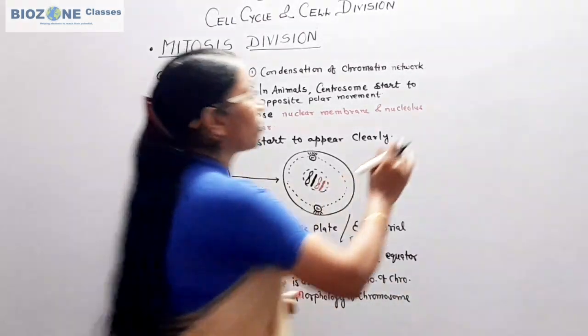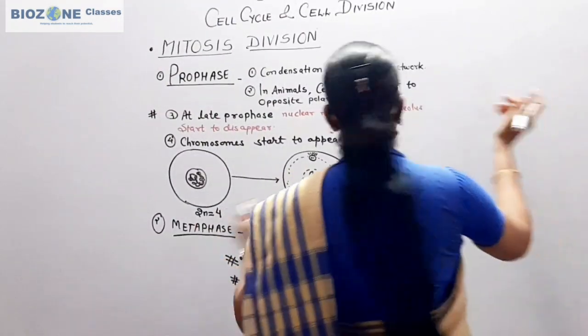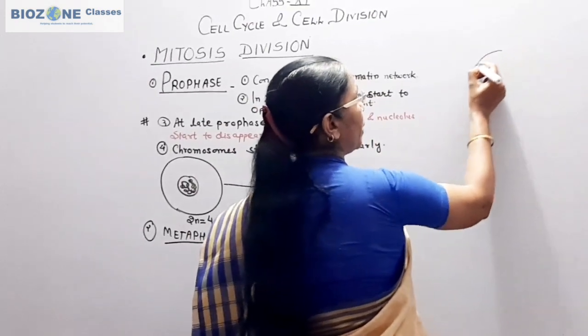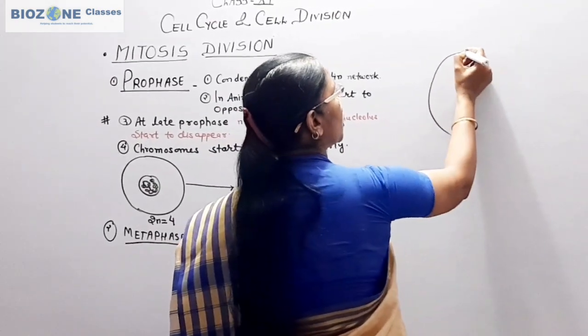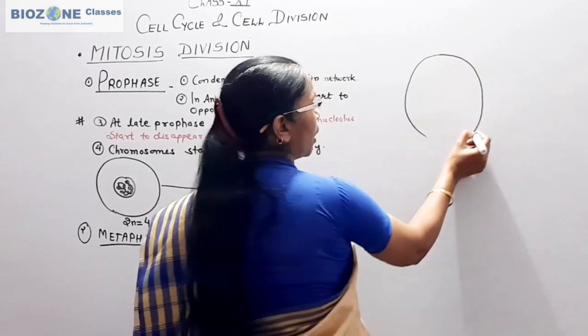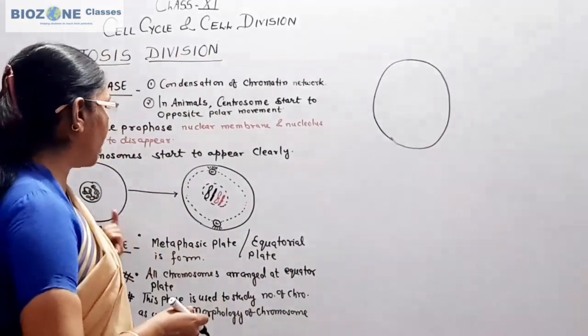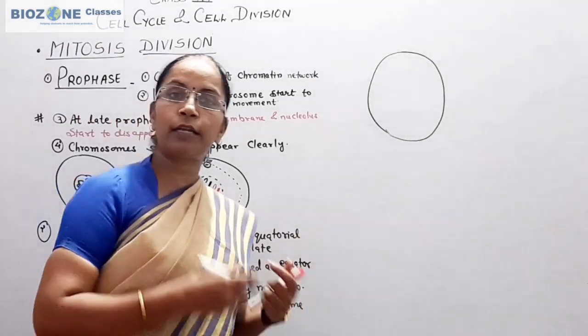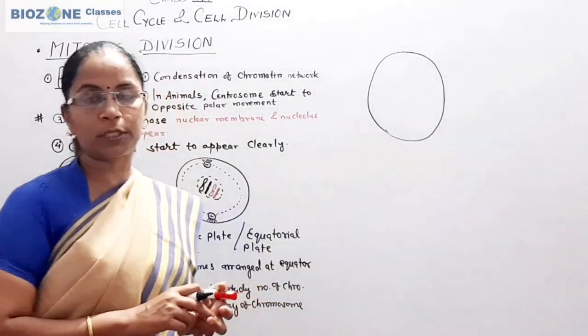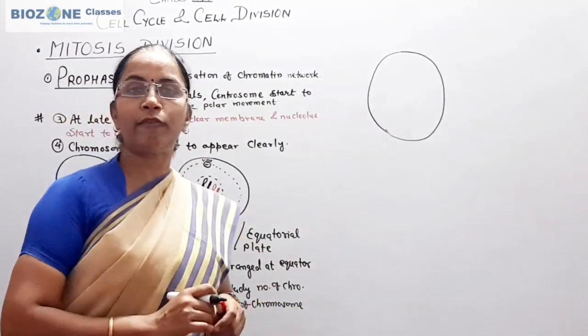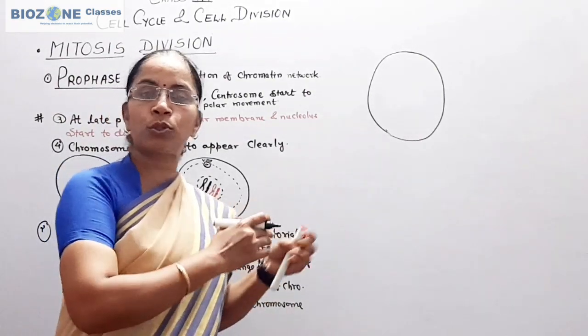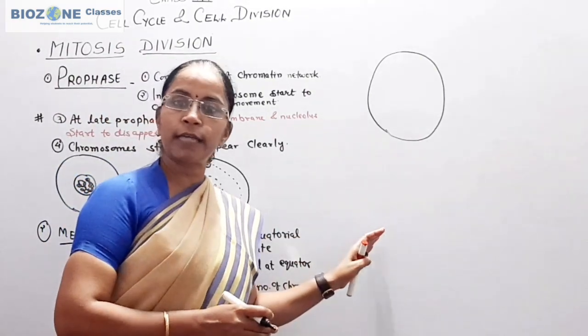Clear? So when we come towards the structure of the nucleus or cell for metaphase, the rounded cells slowly start to appear oval in shape. The diagram which we draw here, even in NCERT, the diagram provided for mitosis, is predominantly for an animal cell, because the centrosome appears inside the cell.